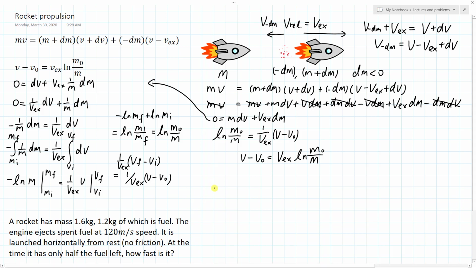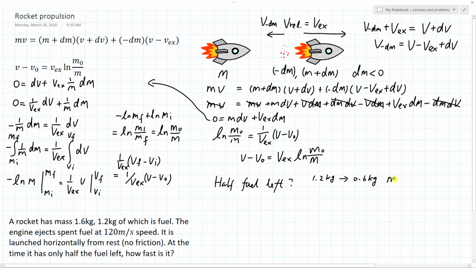Okay, what is half fuel left? That means the full fuel is 1.2 kilograms, right? So it has come down to 0.6 kilograms.